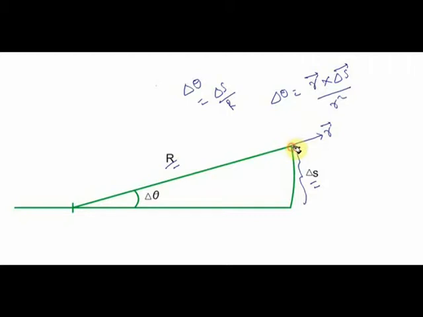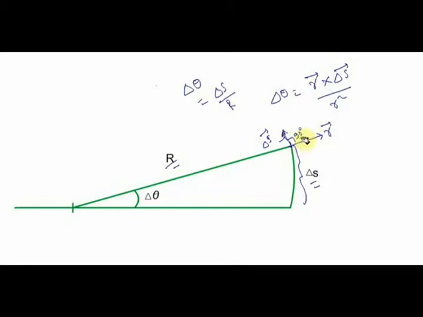tangential to the arc. So if this is the arc, then the direction of delta S would be tangent to it, so it would be perpendicular to the radius vector. This is our delta S, and this angle is 90 degrees.